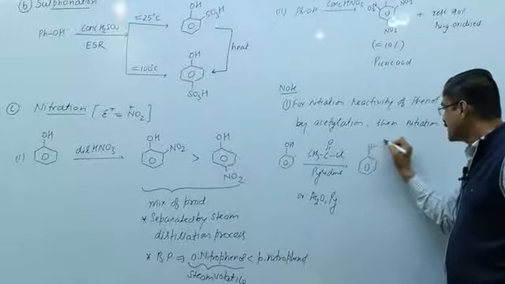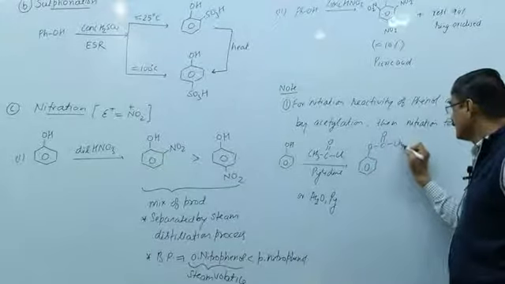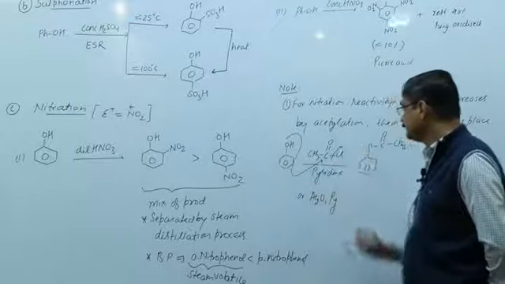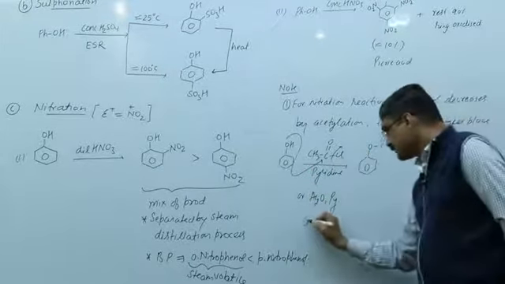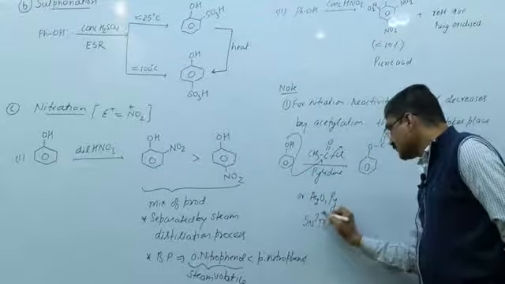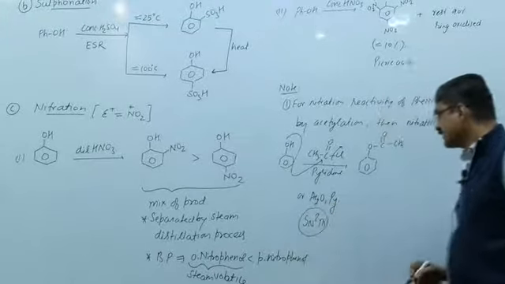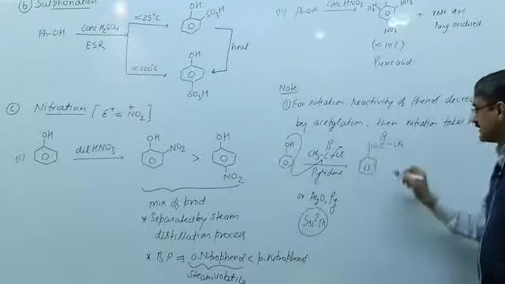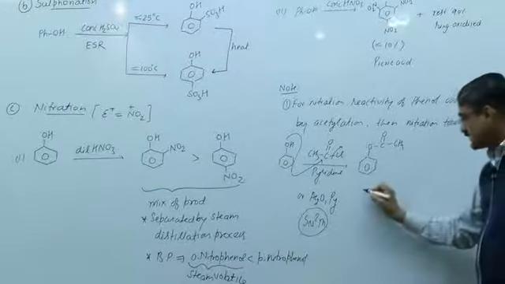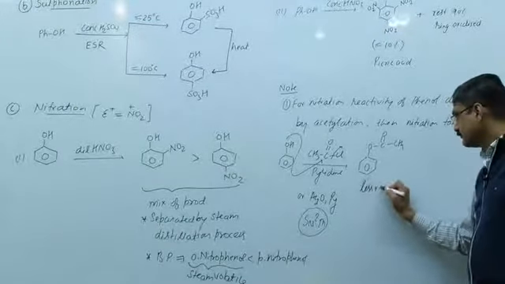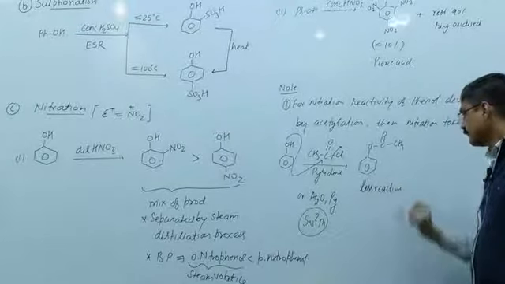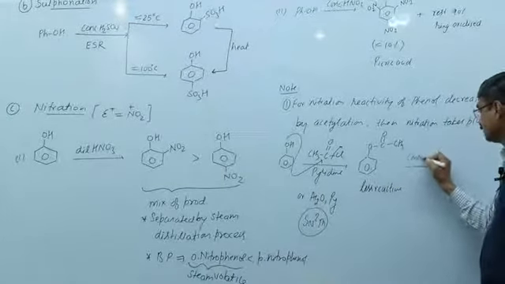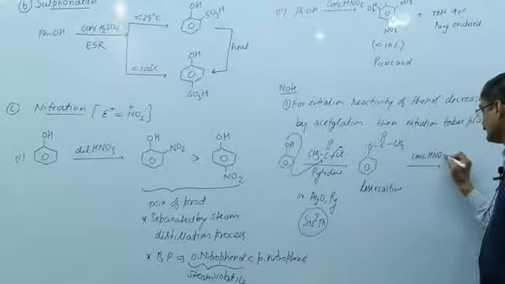In this acetylation reaction, phenol acts as a nucleophile and substitution takes place. Substitution means SN2 type of reaction. Now the acetylated phenol is less reactive. Nitration takes place in the second step.